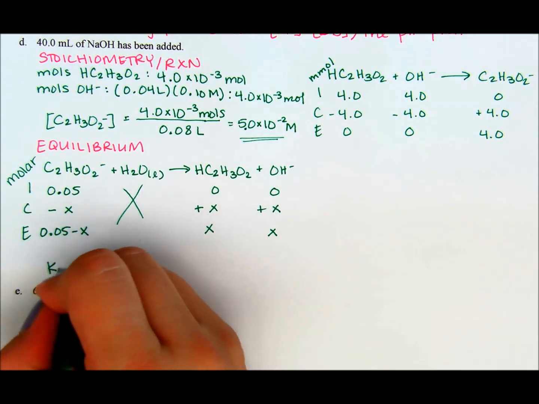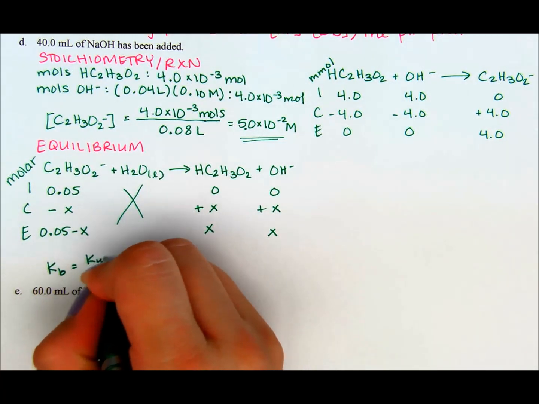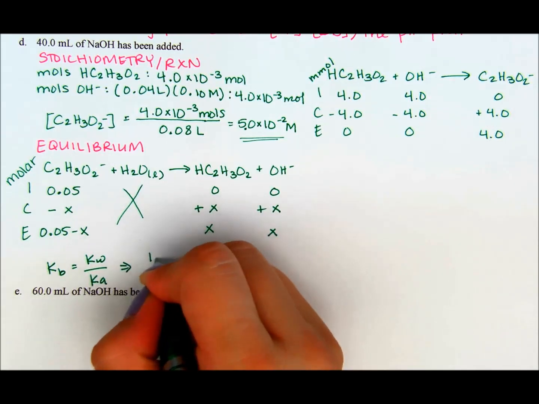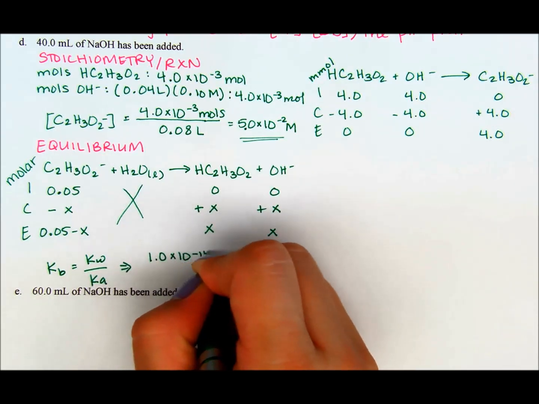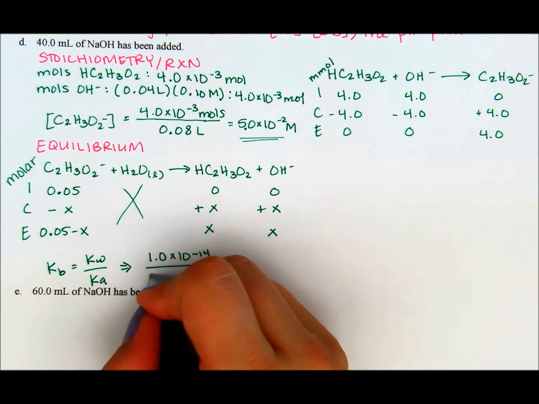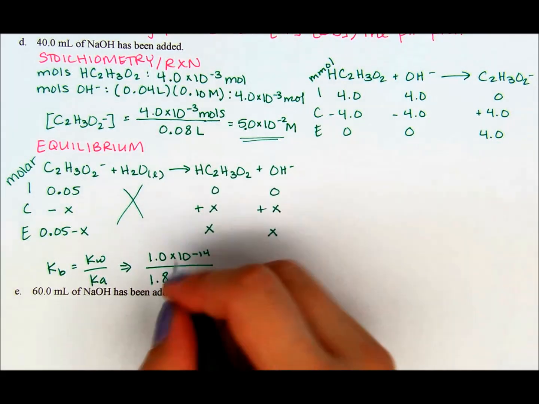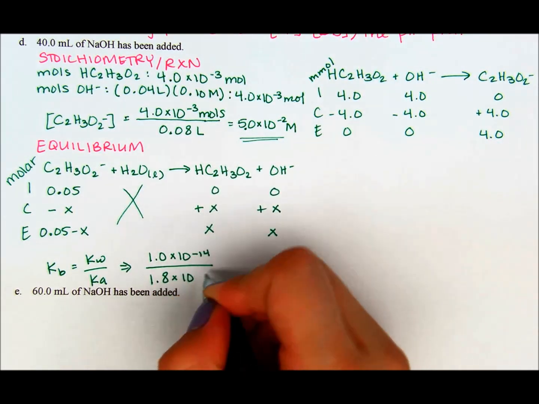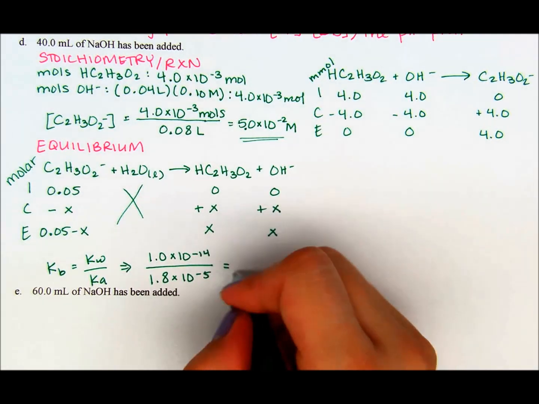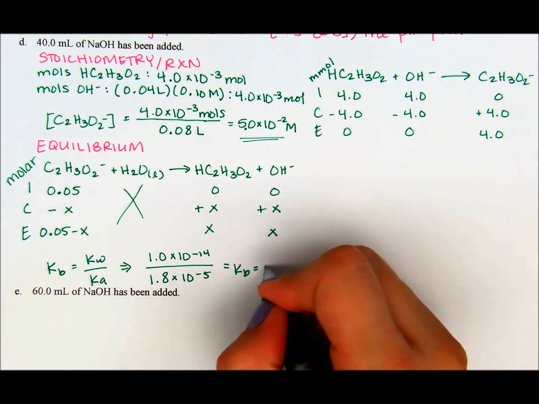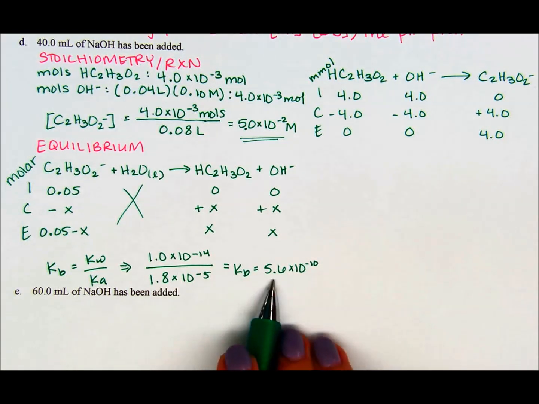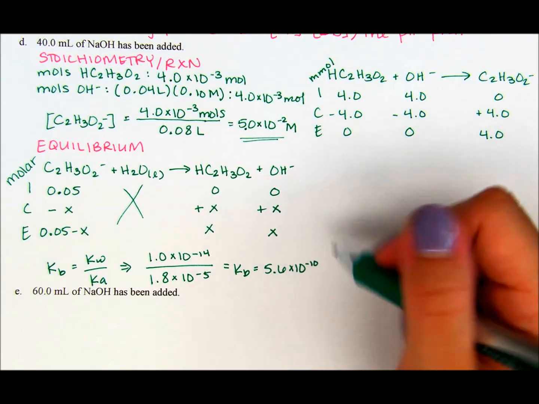So our Kb equals Kw over Ka, which of course Kw is always 1.0 times 10 to the negative 14th. That's the K of water. Our Ka was given to us at the beginning for acetic acid, 1.8 times 10 to the negative 5. Plugging that in, you get your Kb is equal to 5.6 times 10 to the negative 10. And that's the Kb we're going to need to use later on.